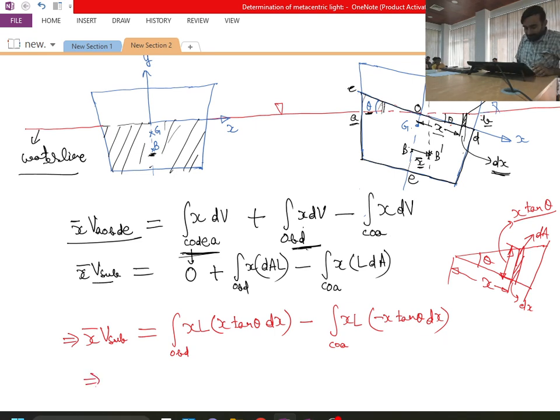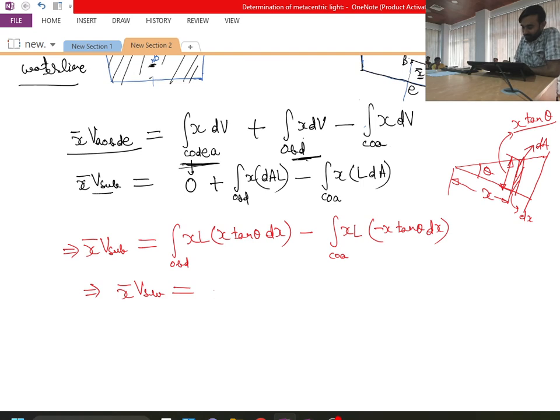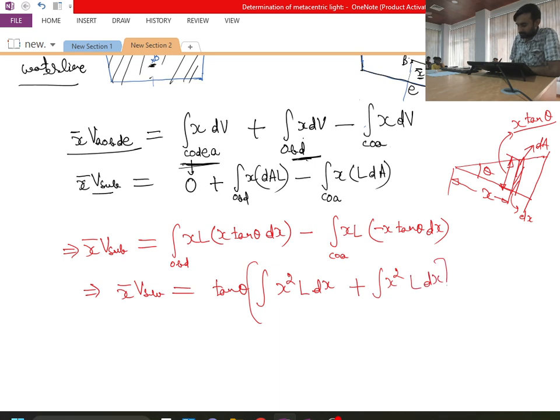Now from here I am getting that x bar into submerged volume is equal to integral x square. Tan theta let me take common from both. So it is nothing but x square times L dx plus x square times L dx.